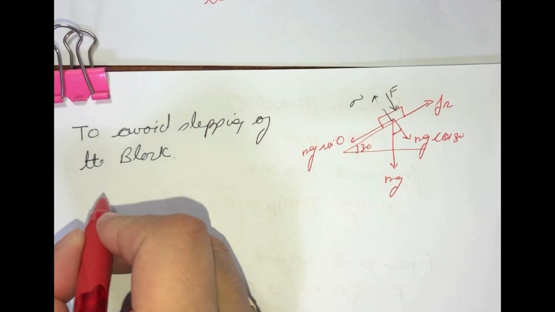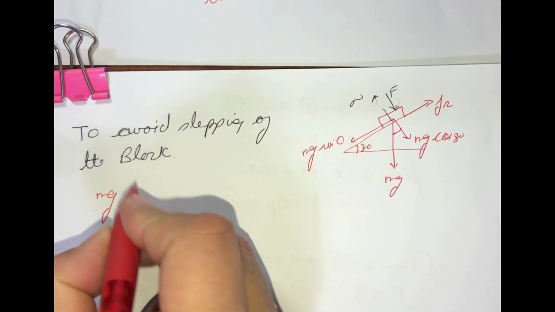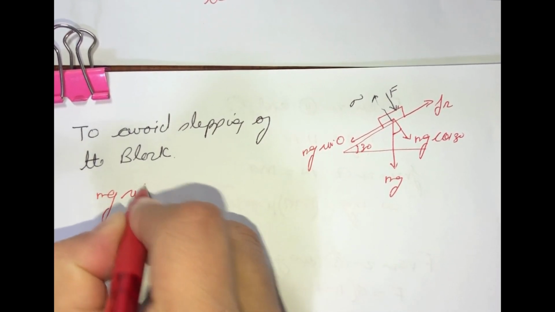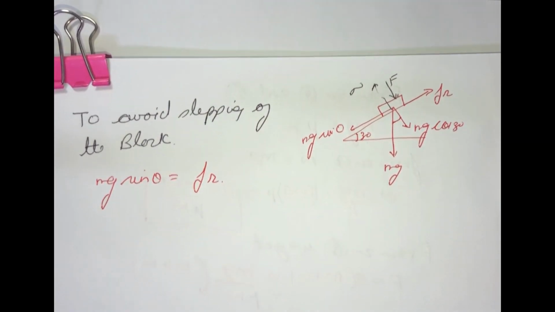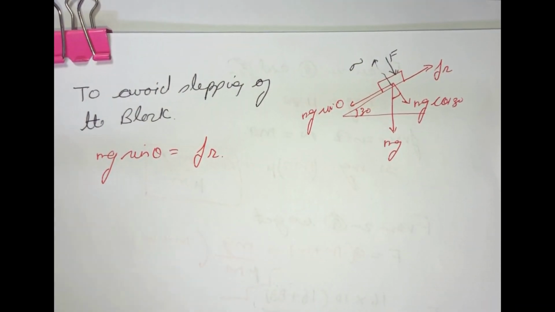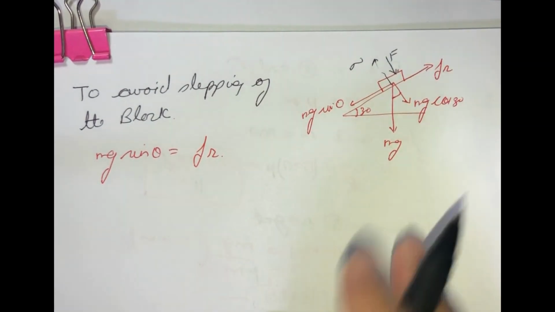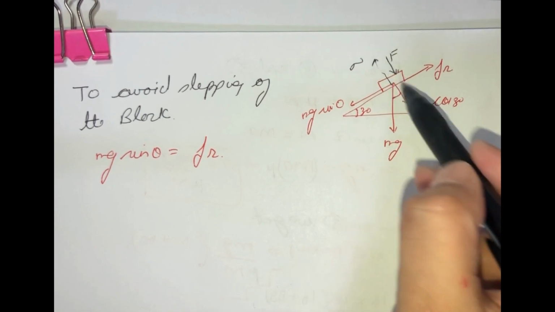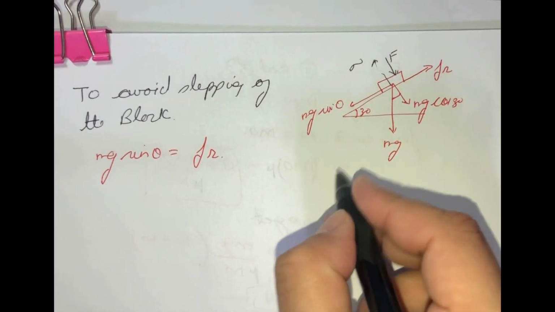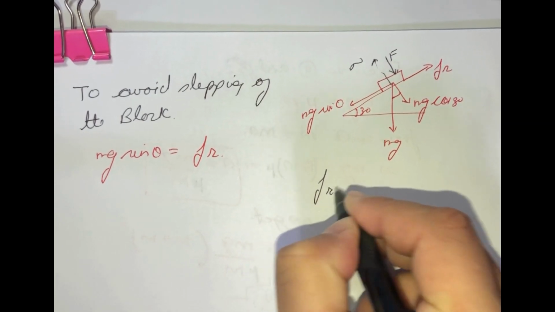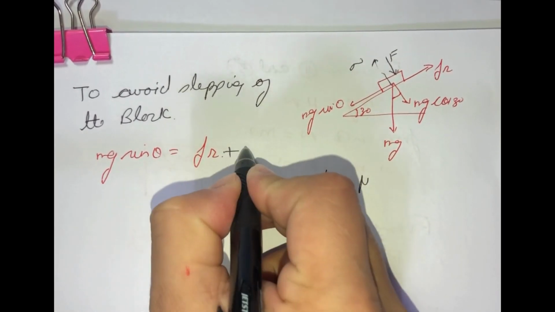So mg sin theta should be equal to Fr. Now for the calculation of Fr, we have considered that the force F is also being applied on it.